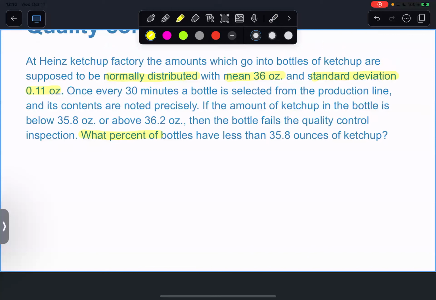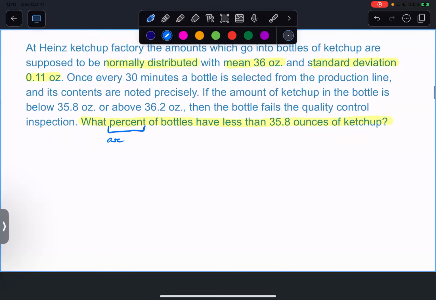And we want to know what percent, but a percent is just a probability. So what area under the curve have less than 35.8 ounces of ketchup?